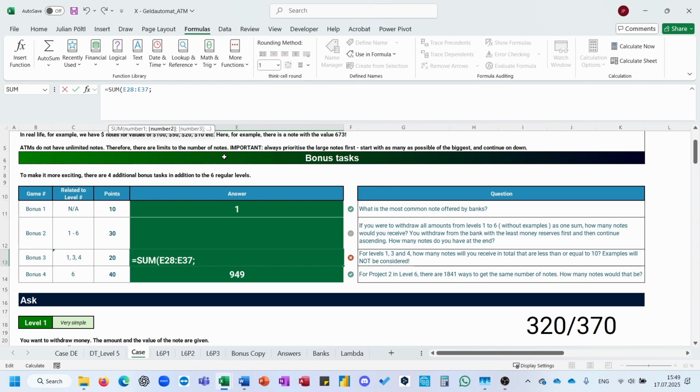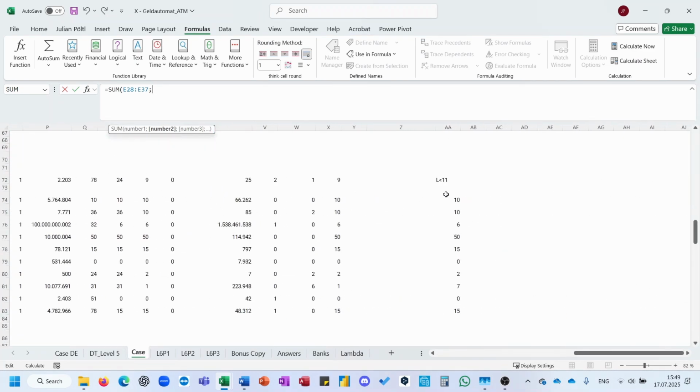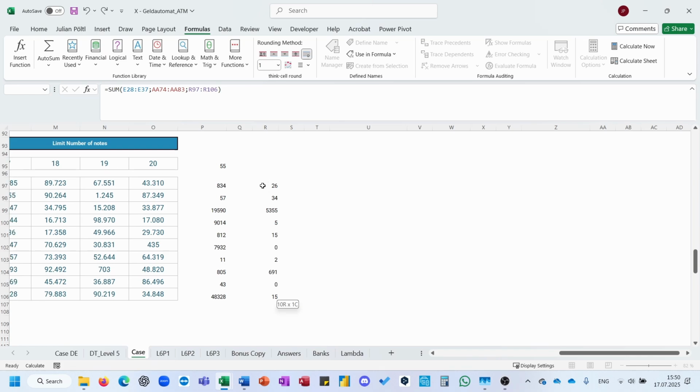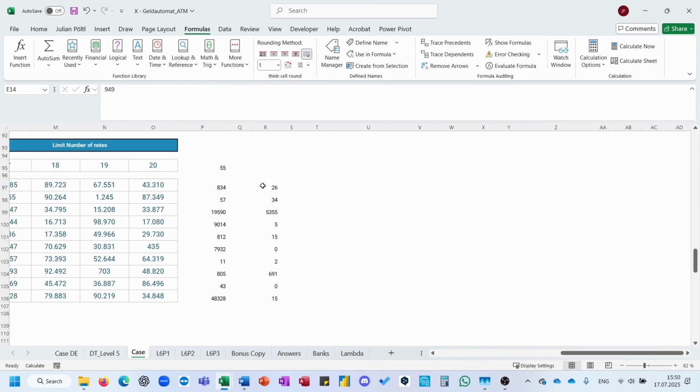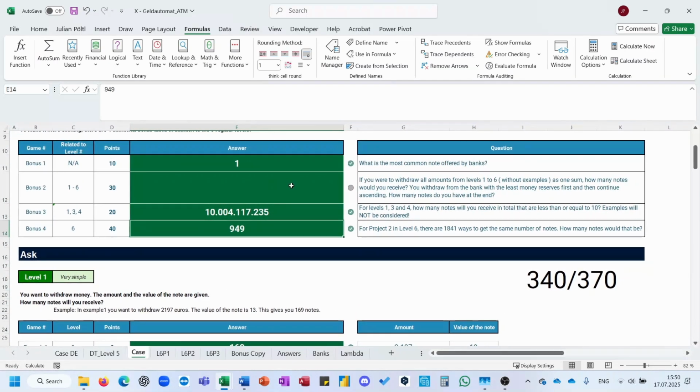Okay, add here level 3 answers and level 4 answers. Okay, and let's see what the result is that we will get. It's right. Yay.